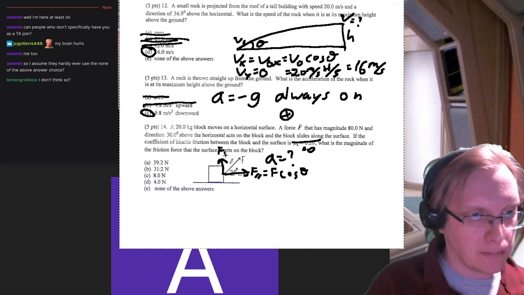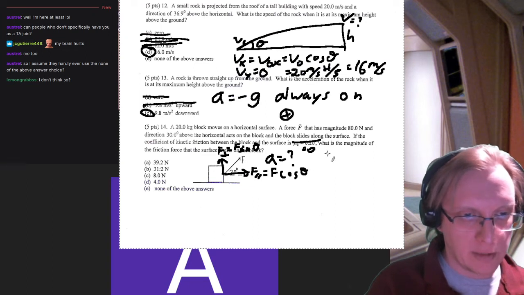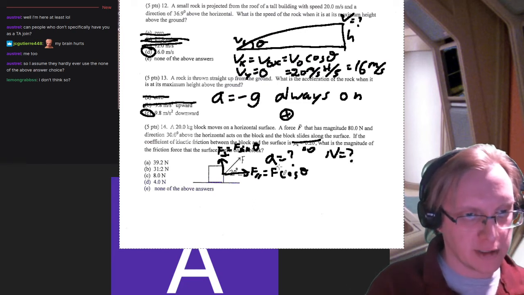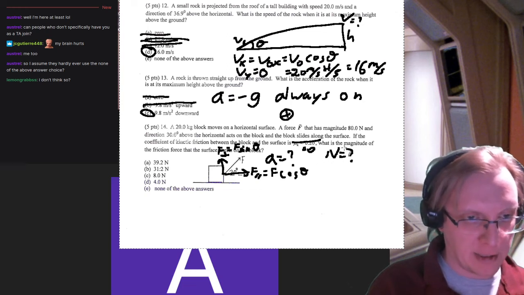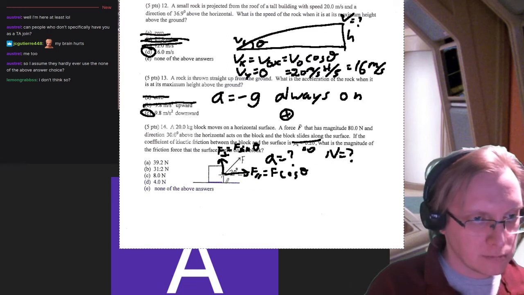This is force perpendicular, and this is equal to F sine theta. While we're at it, I was asked the question, what is normal force? You would also need to know that for the rest of this problem. You don't need to know it for the acceleration, but you would need the normal force for the rest. So we'll go ahead and answer that one too. Then we have weight coming down, mg, and also normal force.